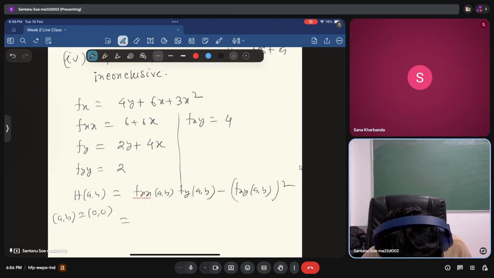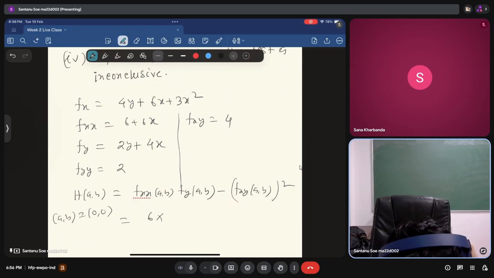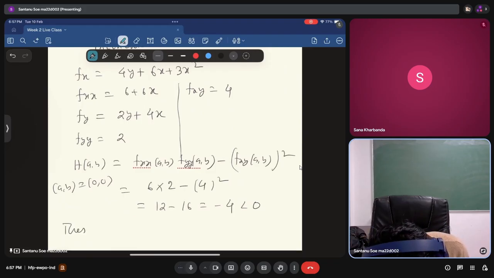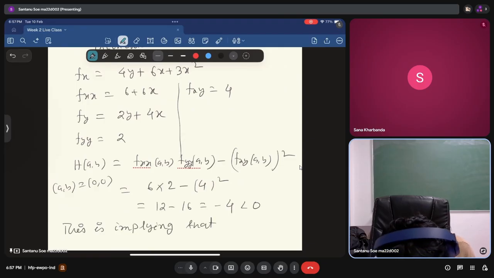So this will be 6 times 2 minus fxy, which is 4 squared. So this is 12 minus 16, which is minus 4, less than 0. So this implies that (0, 0) is a saddle point.